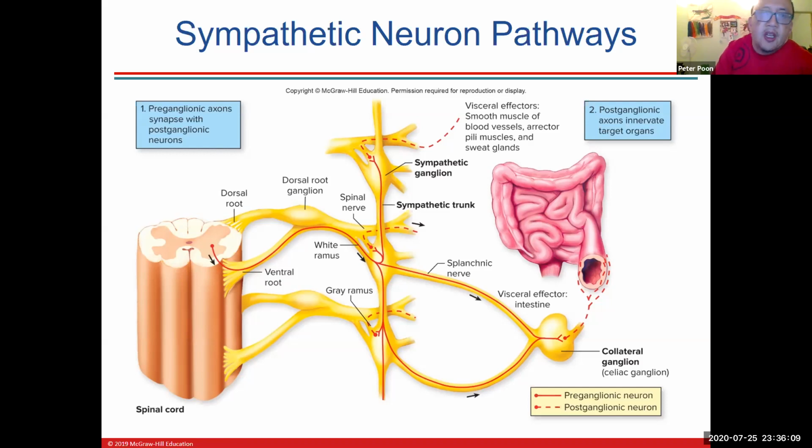The reason they're called a sympathetic chain is because they literally form a chain. So you come off of this nerve and you can go up and down, and you can signal things up and down. Now you can have multiple signals come from one root, go to multiple ganglia and signal those ganglia.